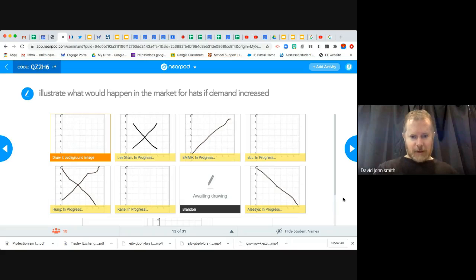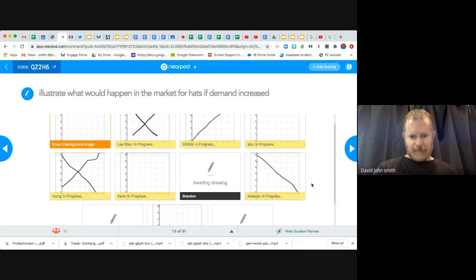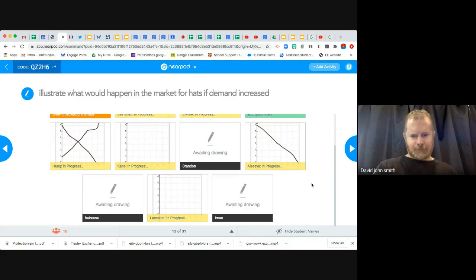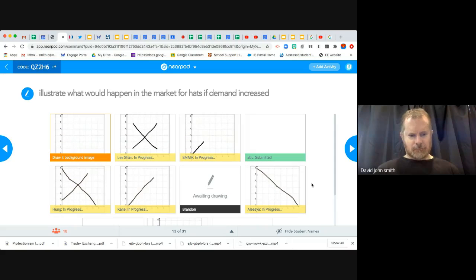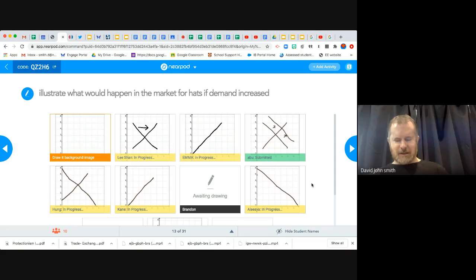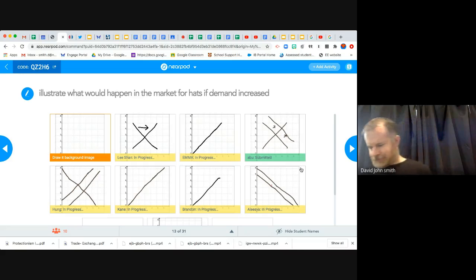Yep, good. You've got market diagrams coming in there. That's excellent. And as said, we want to see what happens when the demand curve for hats increases. Well done, Abu. That's looking good. When we do it, we want to be seeing what happens to the equilibrium price and what happens to the equilibrium quantity. You'll see why in a minute.